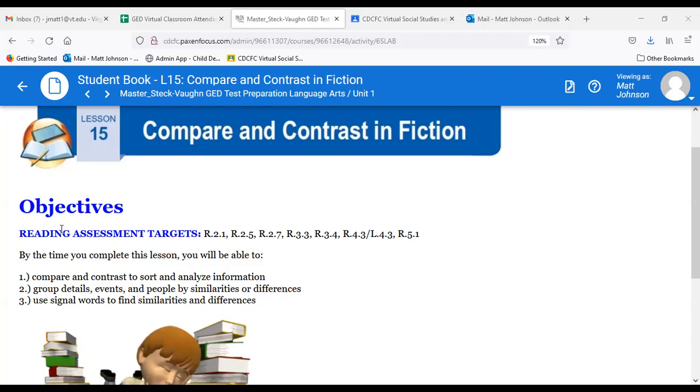And I think one of the things we'll find with fiction, more so with nonfiction, when it comes to comparing and contrasting, we'll look at characters a lot and characteristics and details pertaining to the people involved in these passages. So it'll be a lot of comparing and contrasting of different traits and so forth. So let's take a look at our audio.